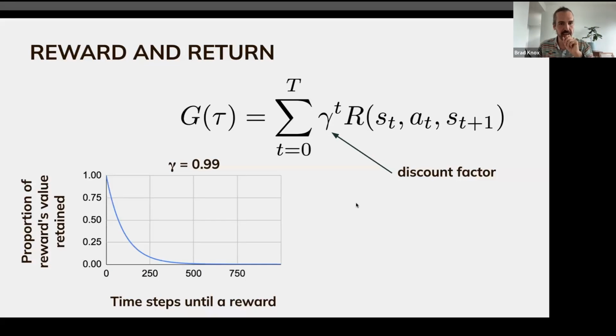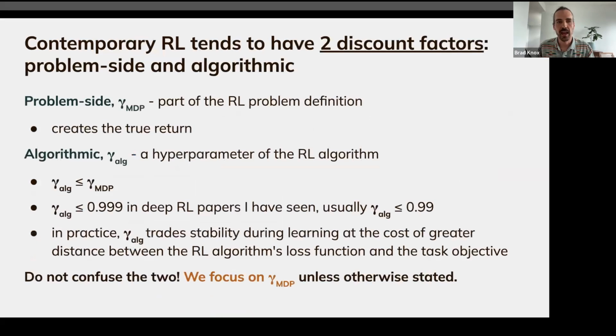Here's exponential discounting. All this is meant to show is that after some amount of time, the impact of reward becomes basically negligible. In practice, there are often two discount factors, and this is often ignored. There's the problem side one that I'm arguing should be aligned, and that's part of the problem definition and creates this true return.